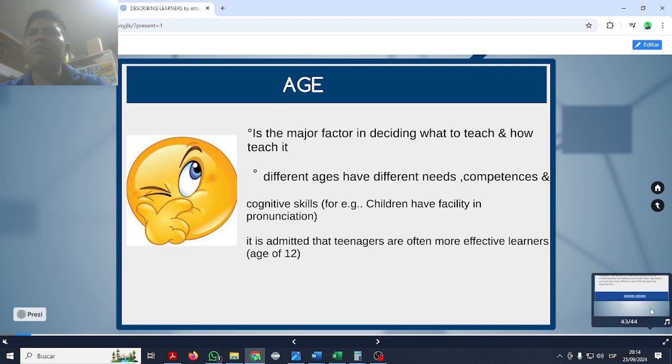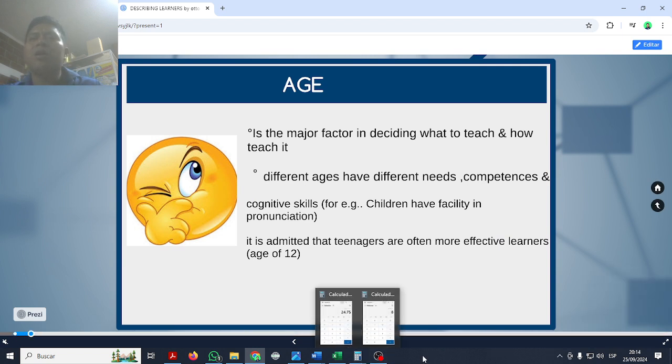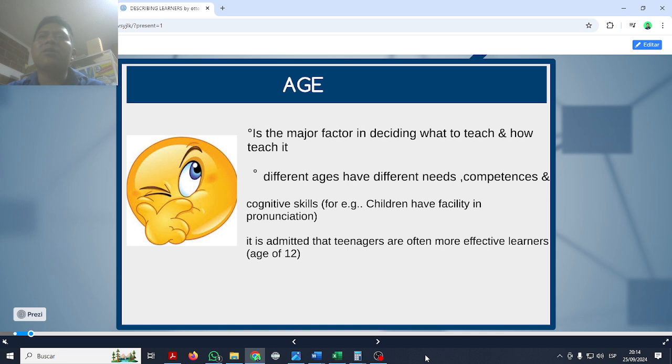The age of our students is very important to know. It's a major factor to design what to teach and how to teach it, because young students, adult students, or children learn in different ways.